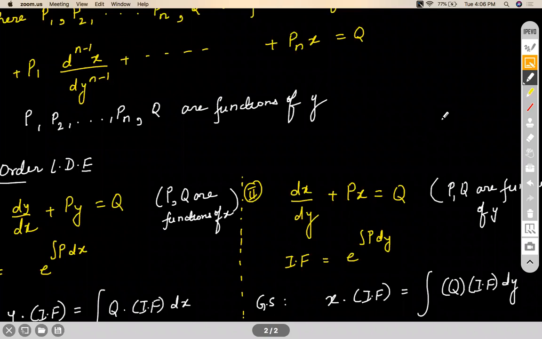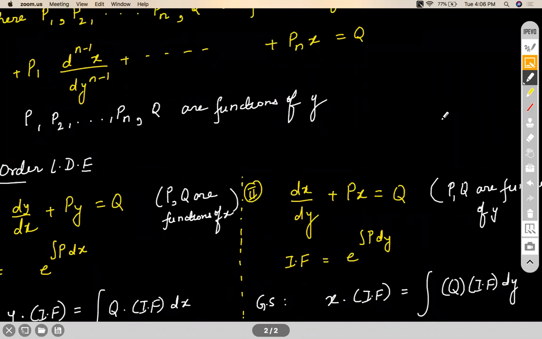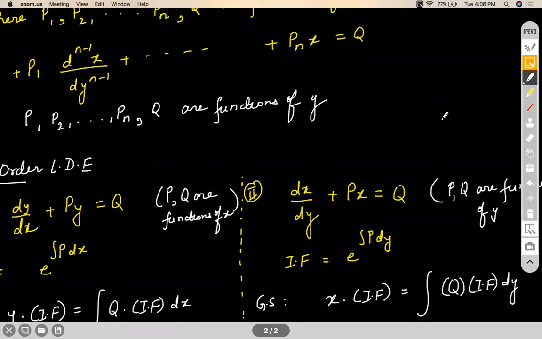We'll also talk about higher degree, but first order, differential equations; four forms are there under that. And finally, we will close this topic with applications of differential equations. There are a lot of applications, but we'll take a few of them, covering concepts from physics and of course coordinate geometry problems.